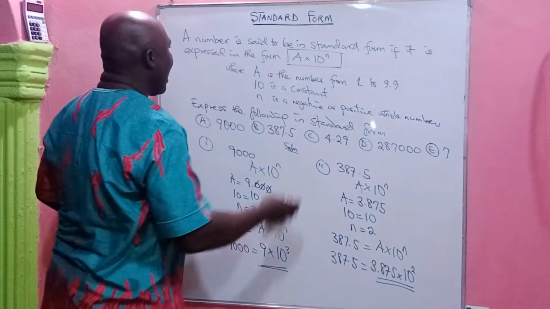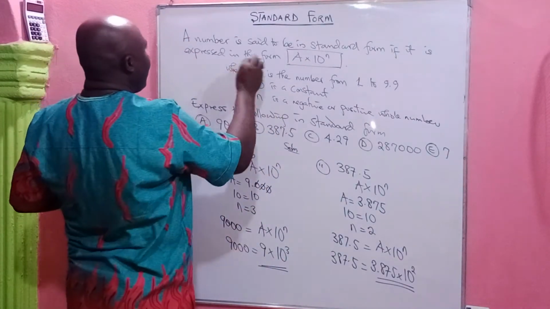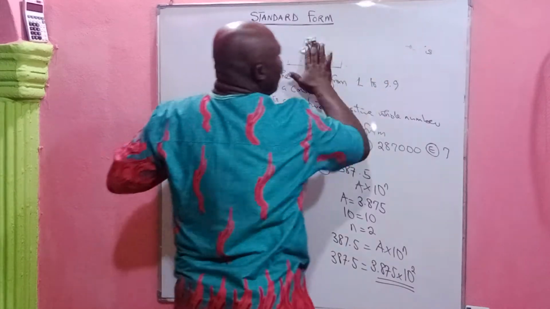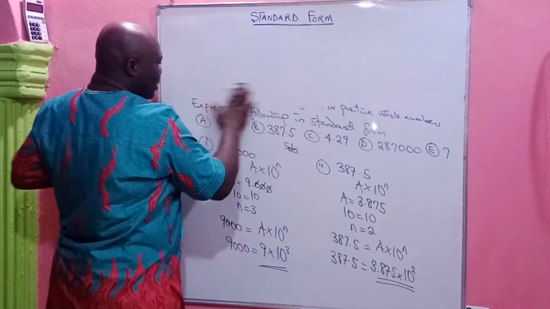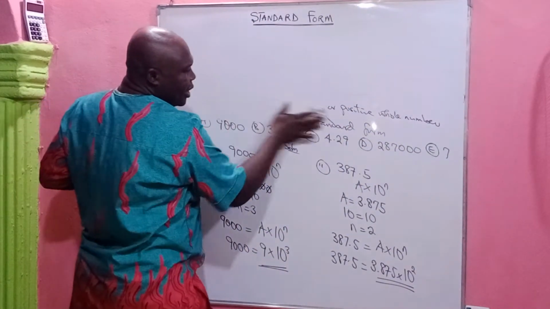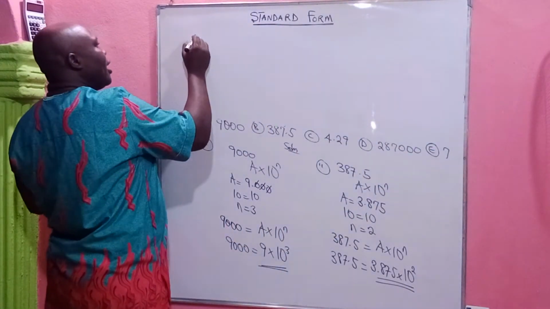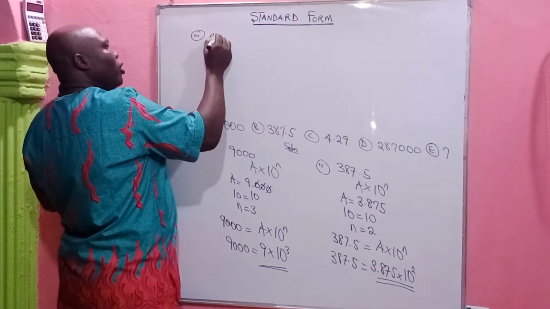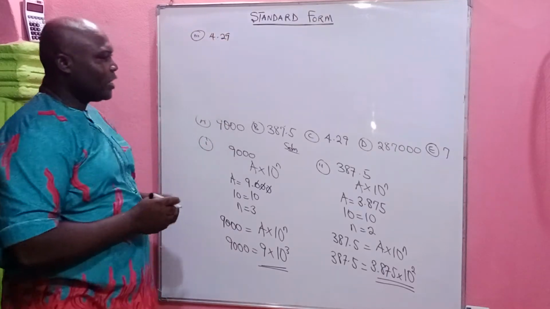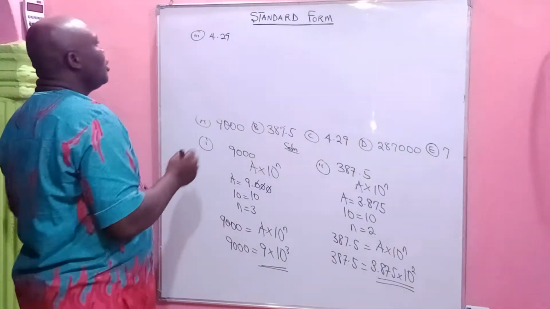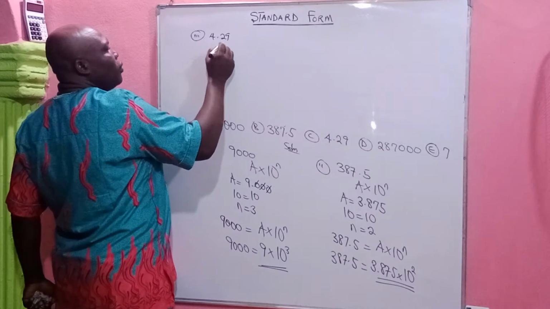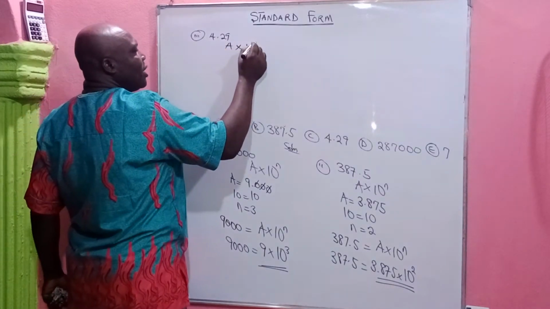All right, so we have number I, which they say we should express 4.29 to a number in standard form. 4.29. We want to express that in standard form. Of course, we want to express in the form a times 10 raised to power n.